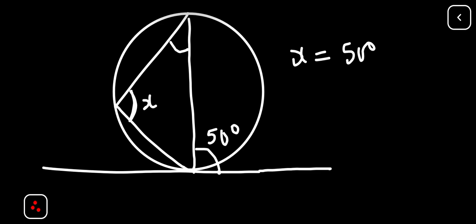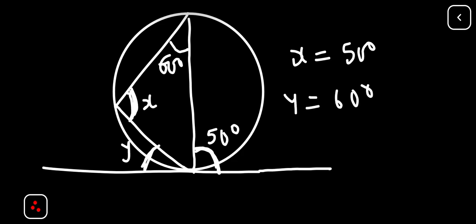Following the theorem that the angle from the tangent and the chord is equal to the alternate segment in the circle. So also if here is y and here is 60 degrees, that means y is also 60 degrees following the same theorem.